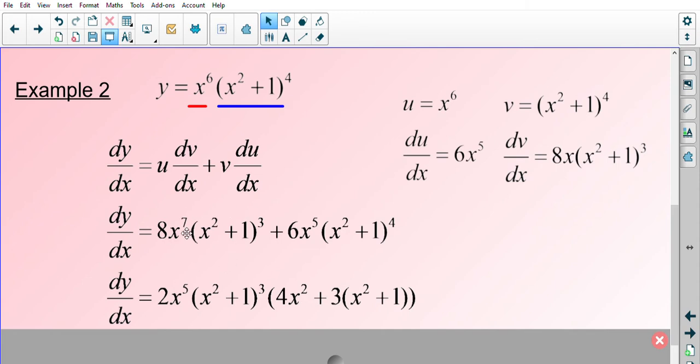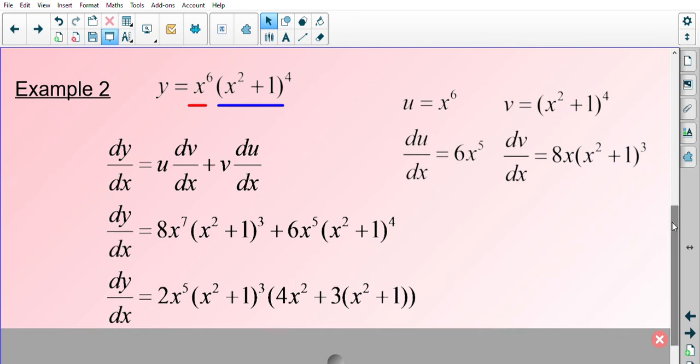If I took that out of here, this would all be taken away. This would leave me with 4x squared, so I'm going to get 4x squared there. If I took that out of this, I'm going to have one bracket of this left, so that's my bracket there. And if I took 2x to the power 5 out of this, I'm left with 3 bracket x squared plus 1.